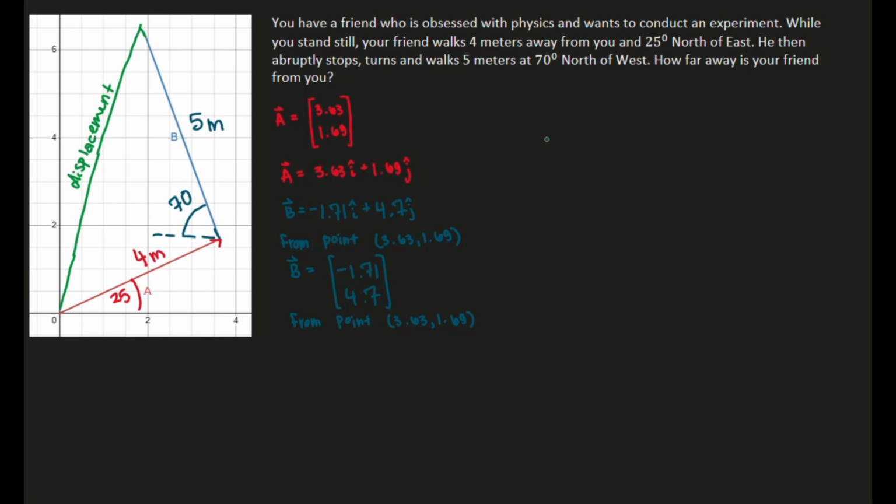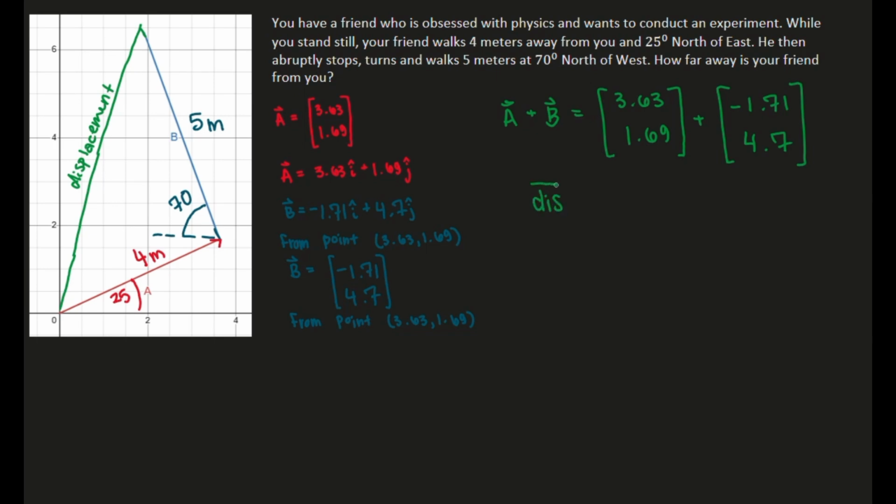Let's do the matrix component form first. So vector A plus vector B becomes 3.63, 1.69. I'm going to add that to my vector B, which is negative 1.71 and 4.7, and I get some displacement, which I'm just going to call D for displacement, with a little arrow above it.